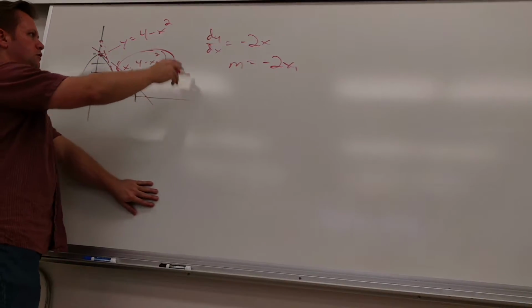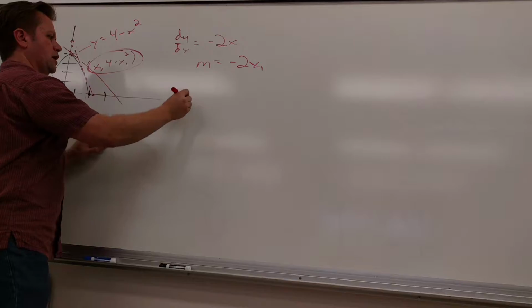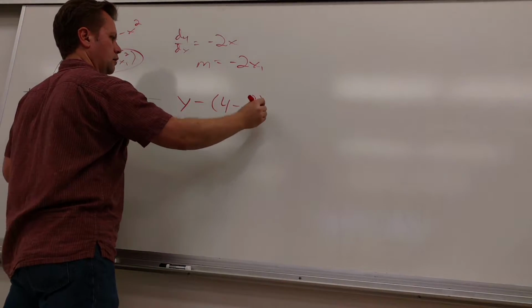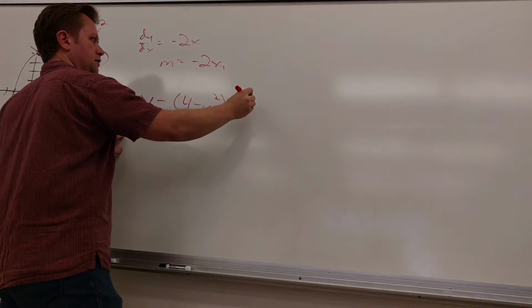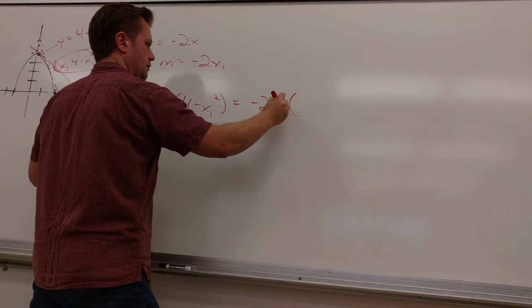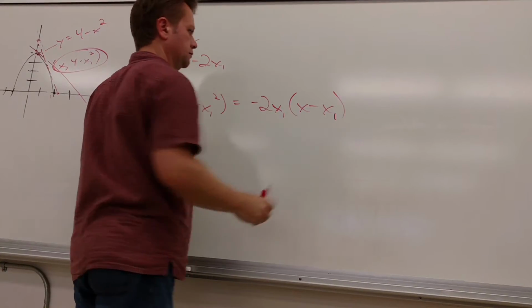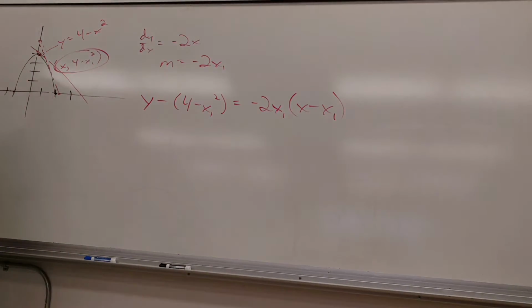So my equation of my tangent line is going to be y minus y1 equals m times x minus x1. Now find the y-intercept, that would be the height. Find the x-intercept, that would be the width.